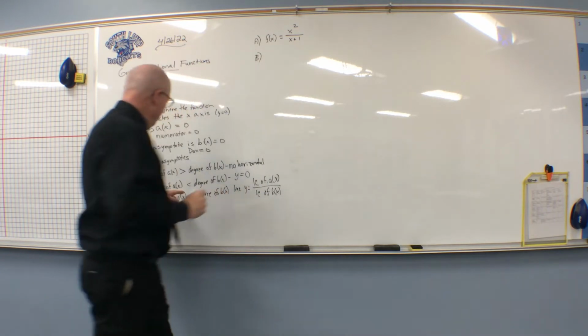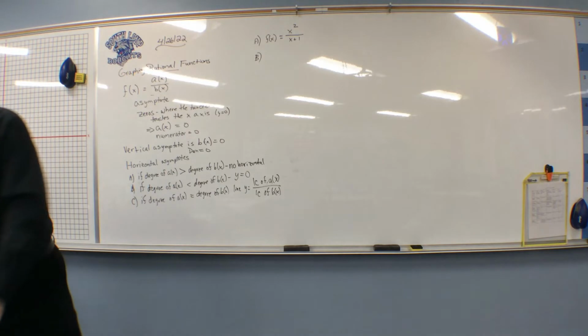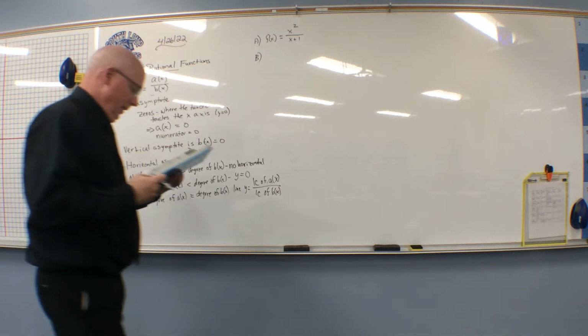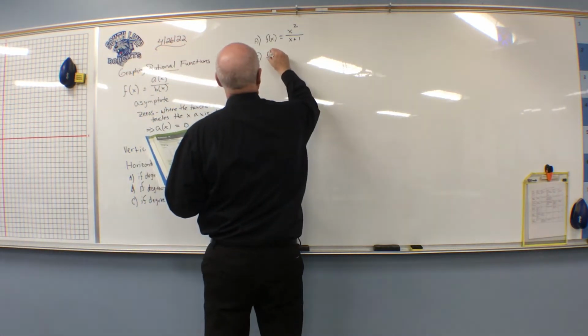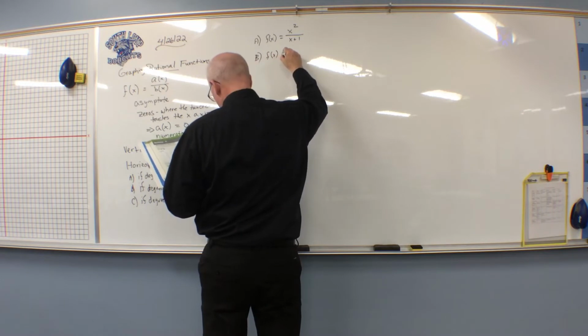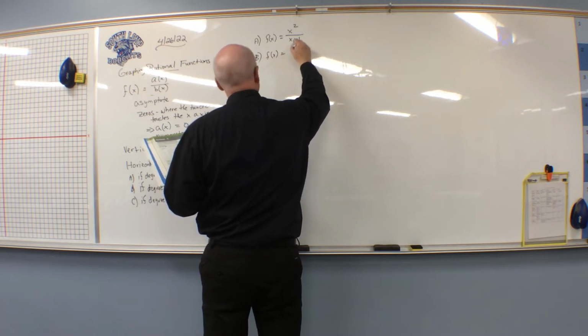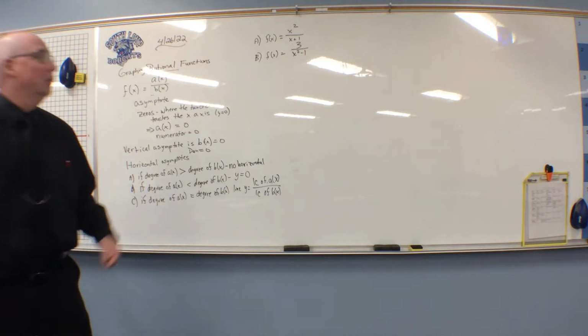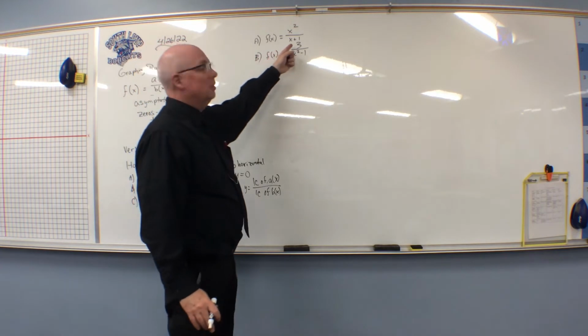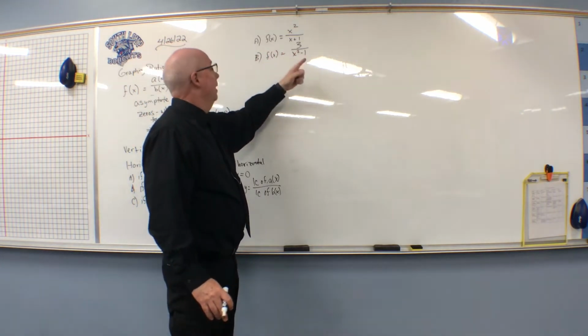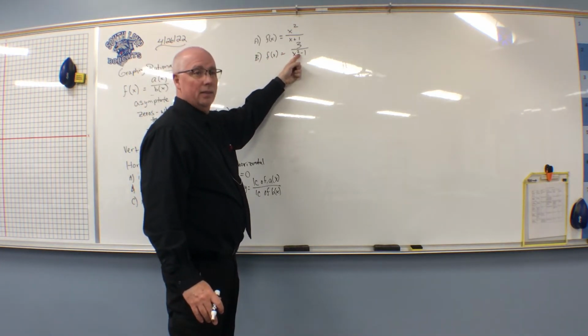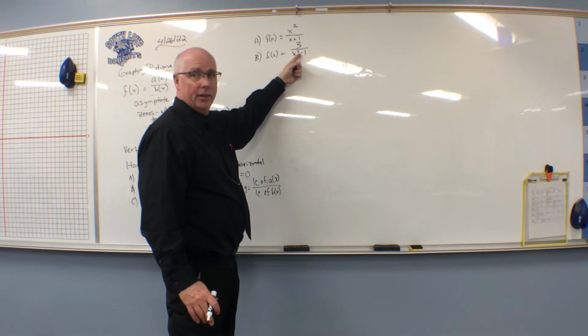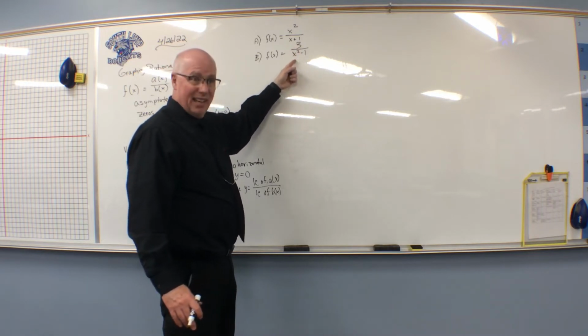In situation B, the degree of the numerator is less than the degree of the denominator. Let's take a look at this one. F of x equals 3 over x squared minus 1. You'll see that the degree of x in the numerator is 0, and the degree of the denominator is 2, so this is less than.